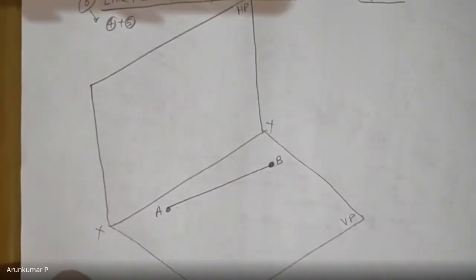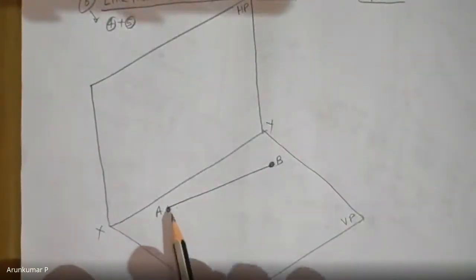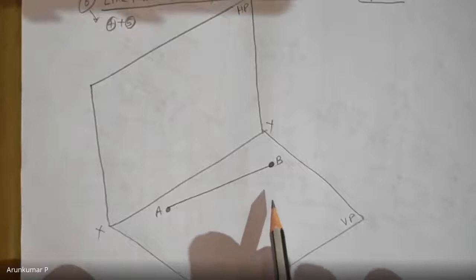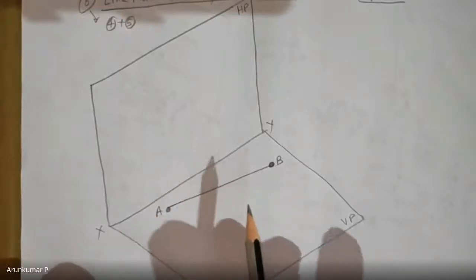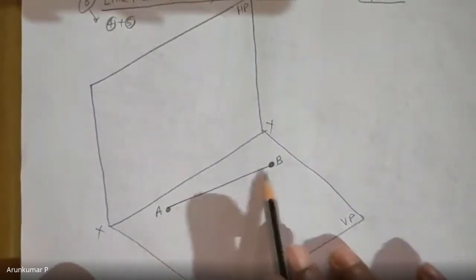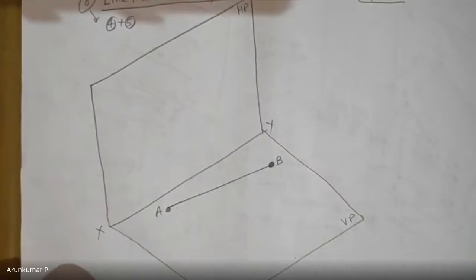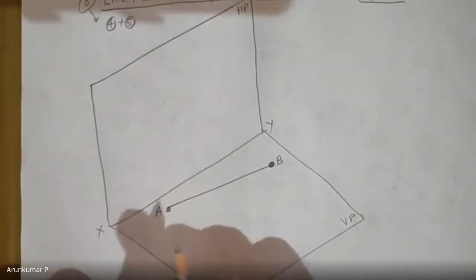Now, many of you may say, sir, it looks to be parallel to HP. Yes, it may look so, because I'm just getting started. I'll prove that it is not parallel to HP, neither is it parallel to VP. So please observe how I handle this.